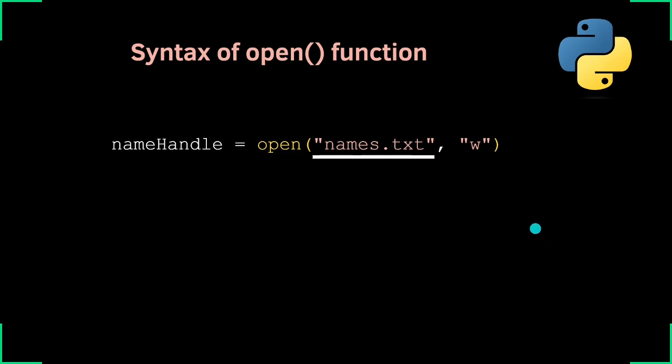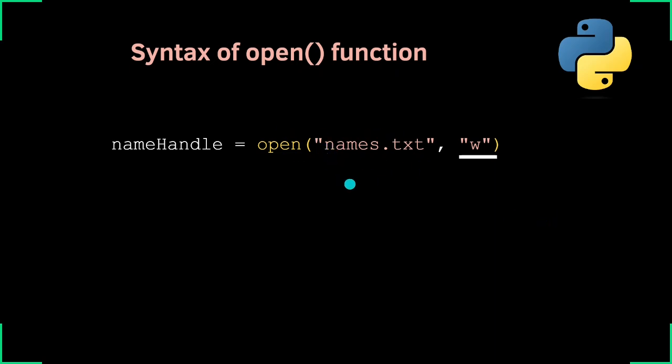Otherwise, the full address of the file should be given instead of just saying names.txt. The second optional argument here is the access mode in which the file shall be opened. In this case, we have a W here that says it's open for writing. So W for writing. I'm going to be able to write into the file given by this name.